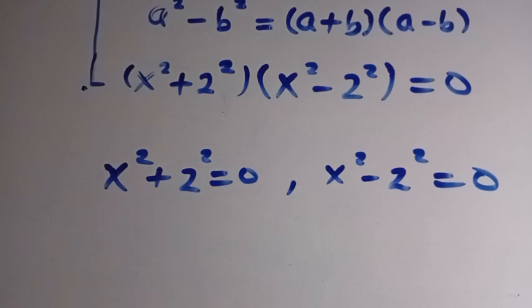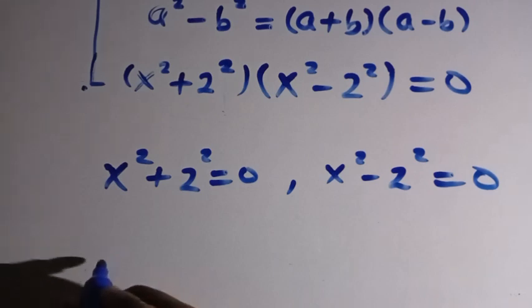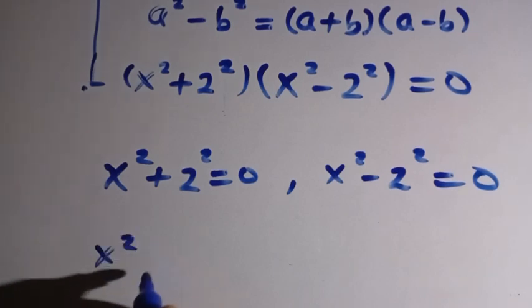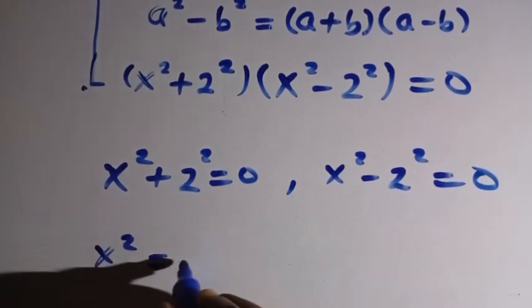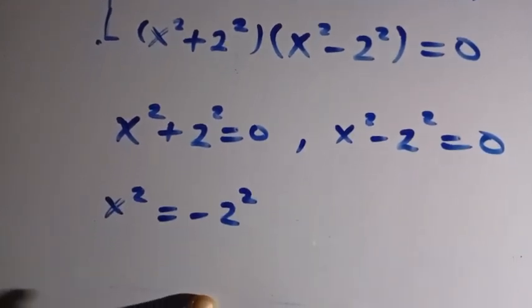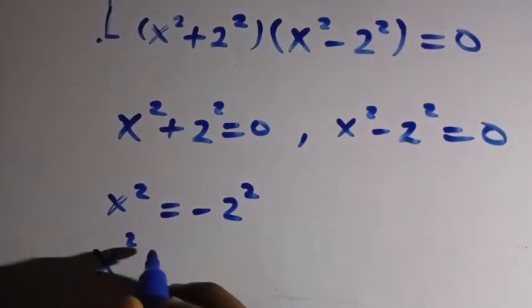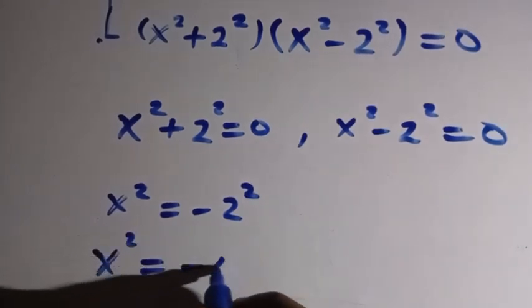Let's say we transfer this 2 to the other side. We have x raised to the power 2 equals minus 2 raised to the power of 2, and minus 2 raised to the power 2 gives us minus 4. So therefore, we have x squared equals minus 4.